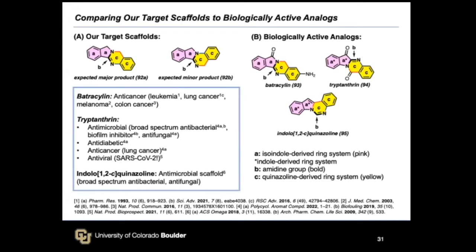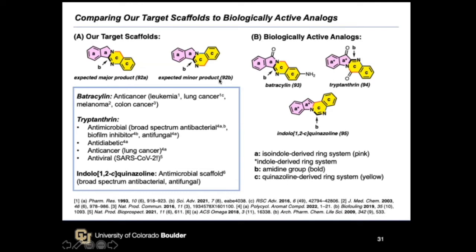But as you can see, batracillin, which is right here, number 93, and tryptanthrin, which is here, number 94, are the most similar to our major product, which is here on the left, 92A. And this indolo[1,2-c]quinazoline, which is the scaffold, is most similar to our minor product, which is 92B up there.